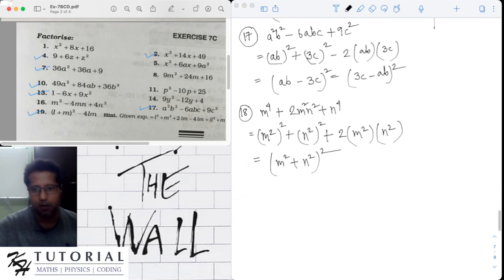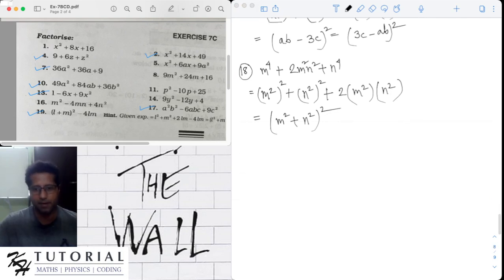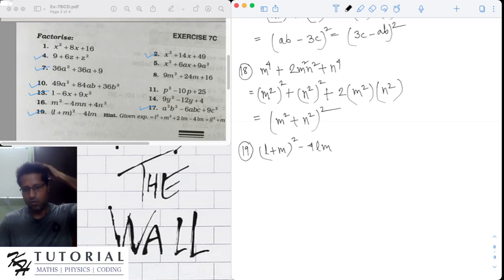Okay, let's do problem number 19. It is l plus m whole square minus 4lm. Now there is a problem, because this is a difference of two terms. The first term is in the form of a square, but the second term 4lm is not in the form of squares.